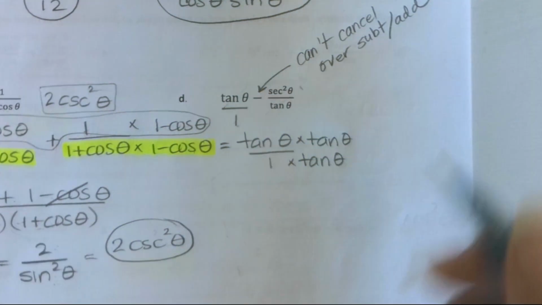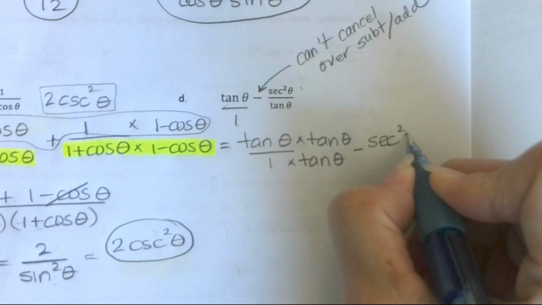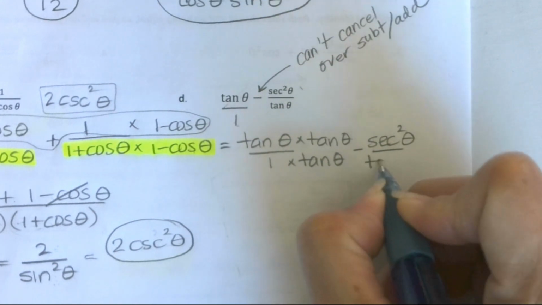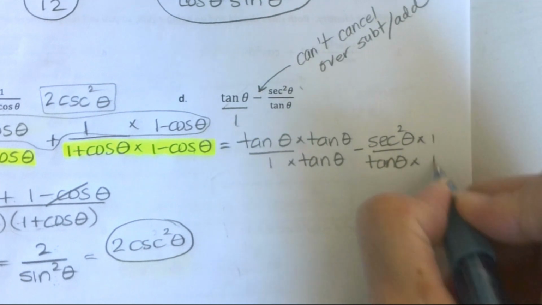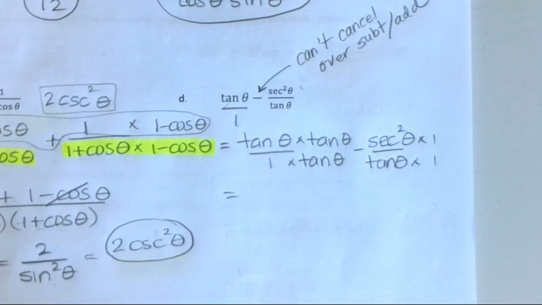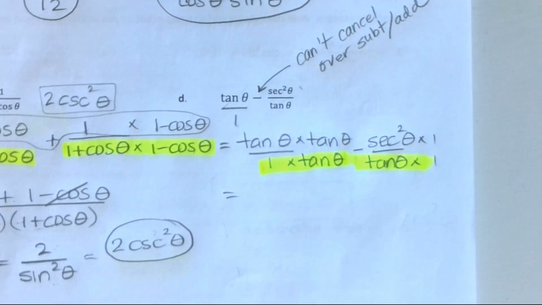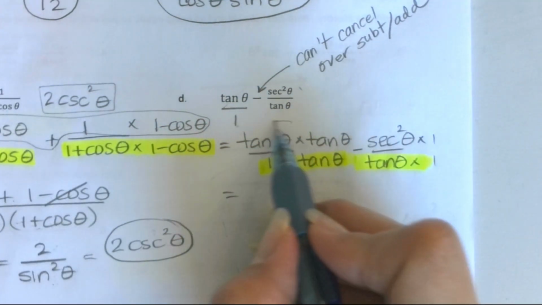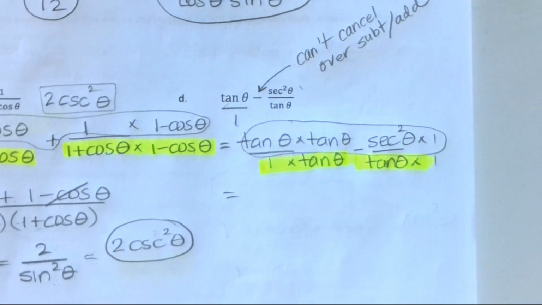And then we're going to do the same thing on the other side. So minus secant squared theta over tangent theta. What are we going to multiply this by? 1, right? Now that we have the denominators being the same, we can bring them all together. I'm taking everything at the top, and unlike the other ones, this one is a subtraction, but the process is the same.